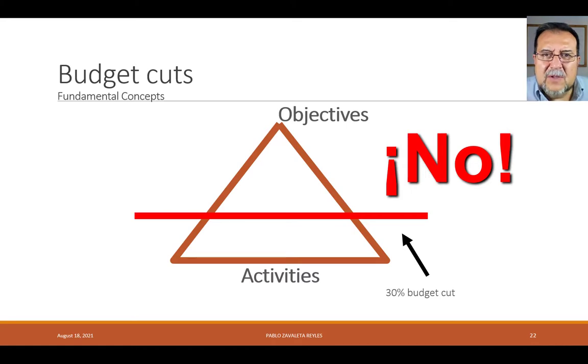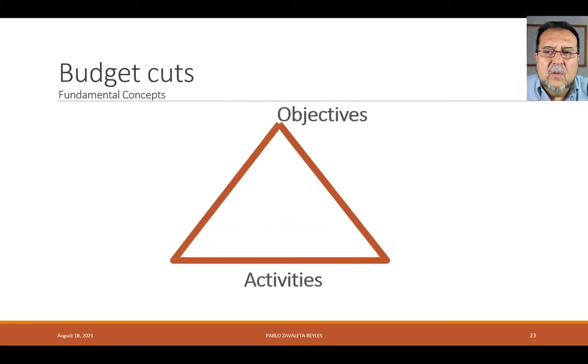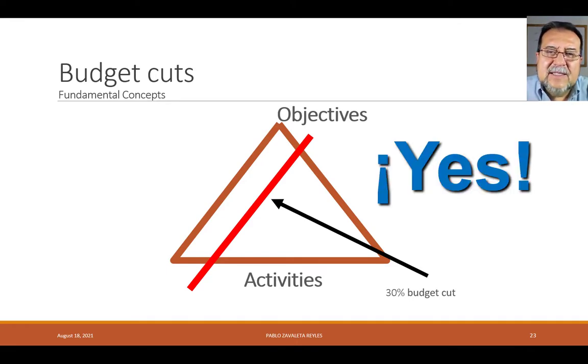We will not be able to comply with those objectives. Why? Because we haven't done all this chunk. So, what do we do when we're faced with a 30% budget cut? We cut a complete branch, we lower our objectives, and yes, that is something that we can do.